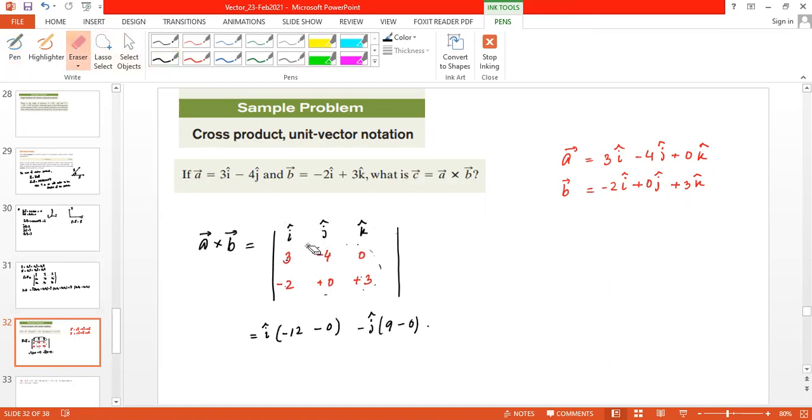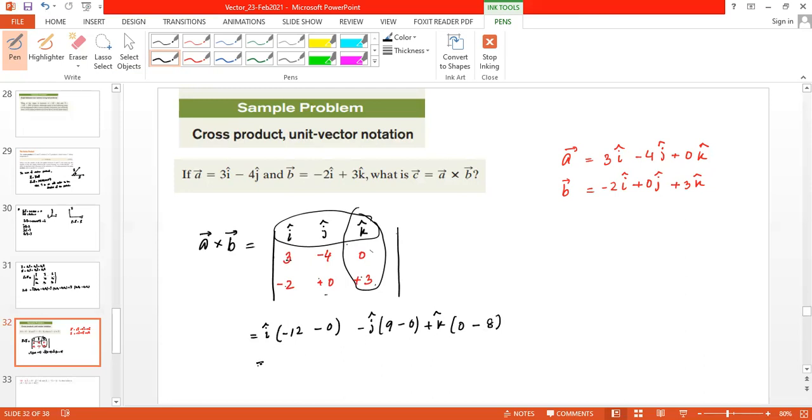For k, I don't need to consider this and this here. So plus k, multiply 3 times 0, that is 0, minus 4 times minus 2 equal to plus 8, so minus 8.